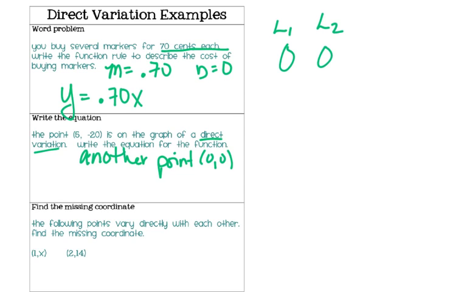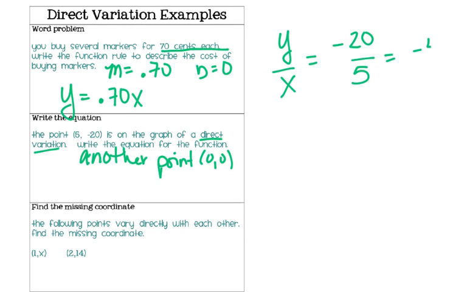And I could put in these points that they give me, and you can do linear regression and it'll spit out your slope and your y-intercept. The other way you could do this is, again, you know it's direct variation, so you could do the y over x with the point that you're given, and this would equal negative 4. And so your equation would just be y equals negative 4x.